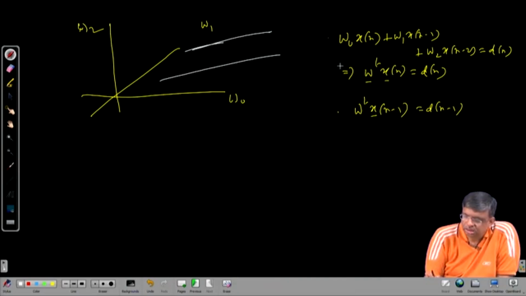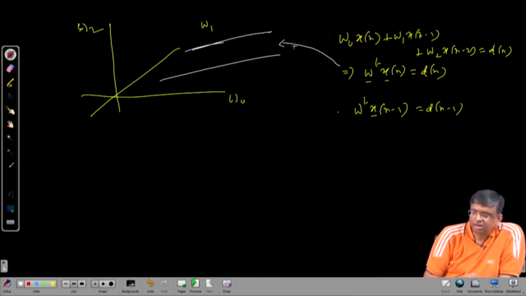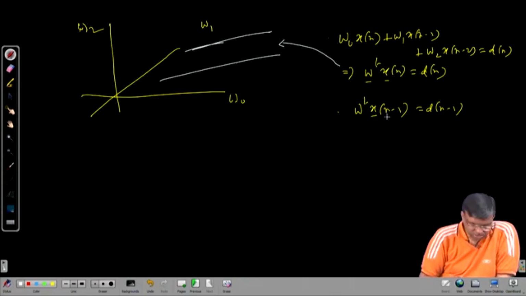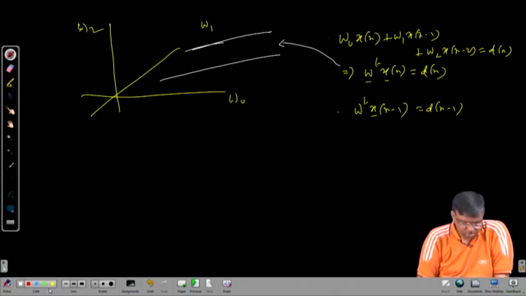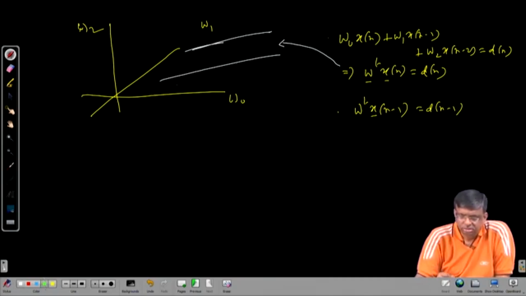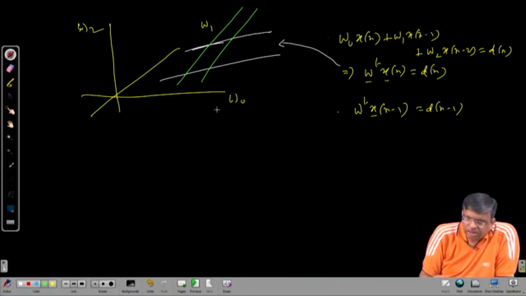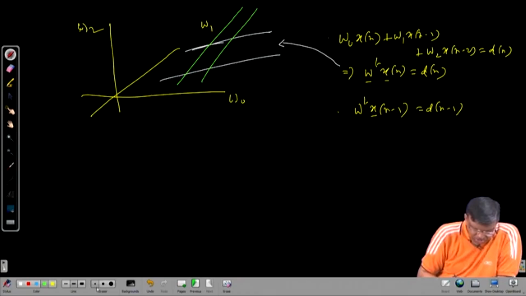That is this plane, and another one will be another plane, maybe like this. So, these two planes actually will intersect. Let me try to draw a better diagram.